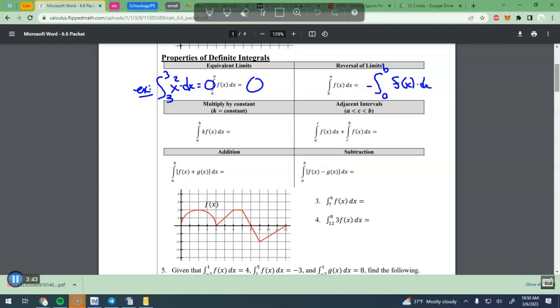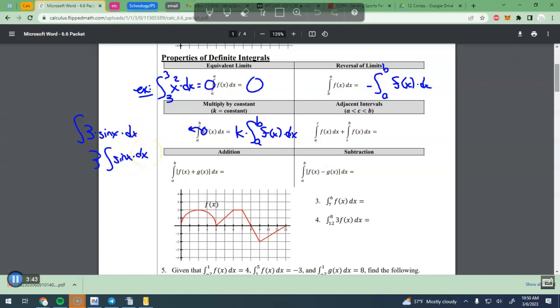Constant rule. If you have from A to B of a constant times f of x, you are allowed to pull that constant out and not integrate it, and just worry about integrating the rest of it. So if you had the integral of 3 times sine of x, you could pull the 3 out and just integrate the sine of x.